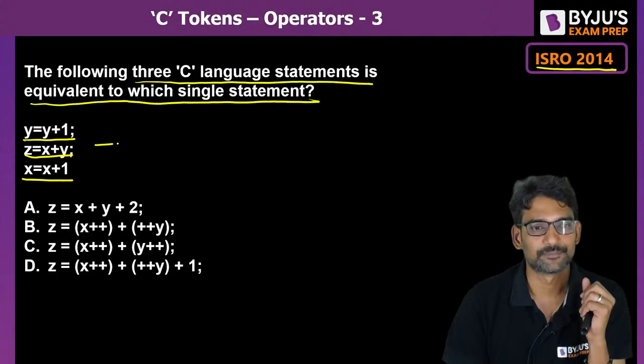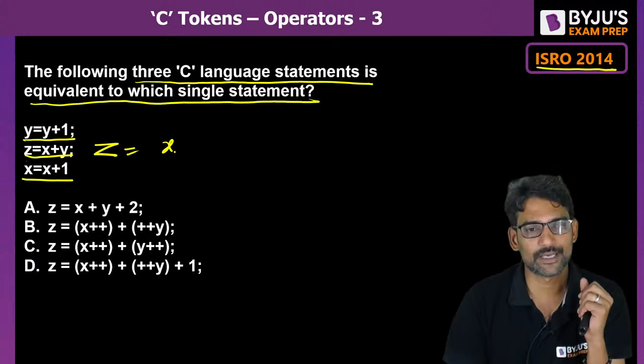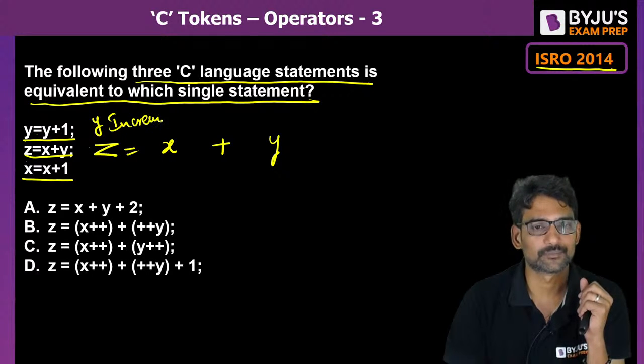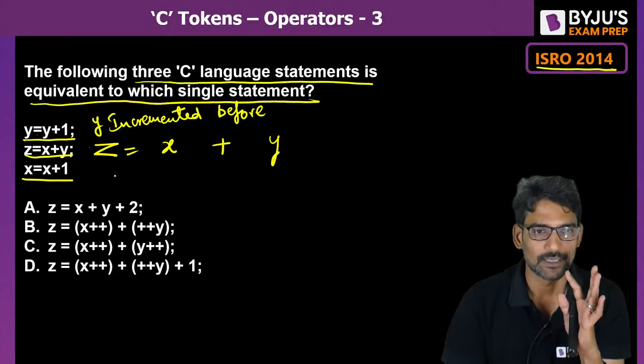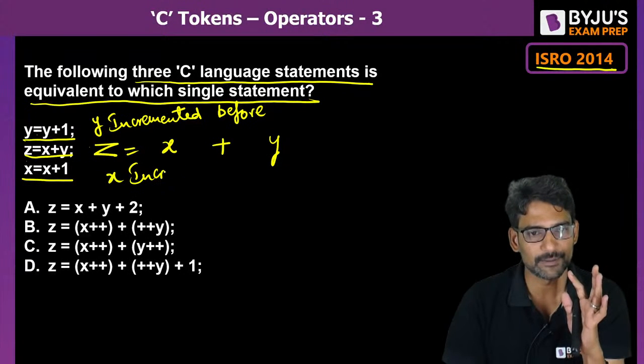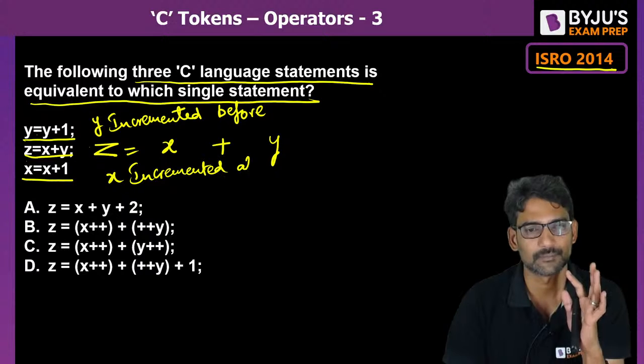Please observe, z is equal to x plus y, and y incremented before this addition, x incremented after this addition.